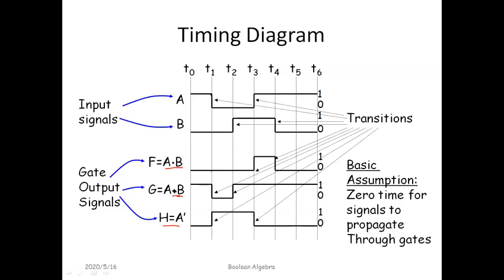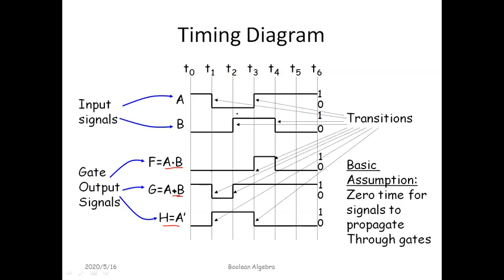Then from 1 to 2, we've noticed that signal A transitions from 1 to 0, whereas signal B still remains at 0. So now between 1 and 2, both signal A and signal B are 0. So we don't expect any rise in the signal at the output.